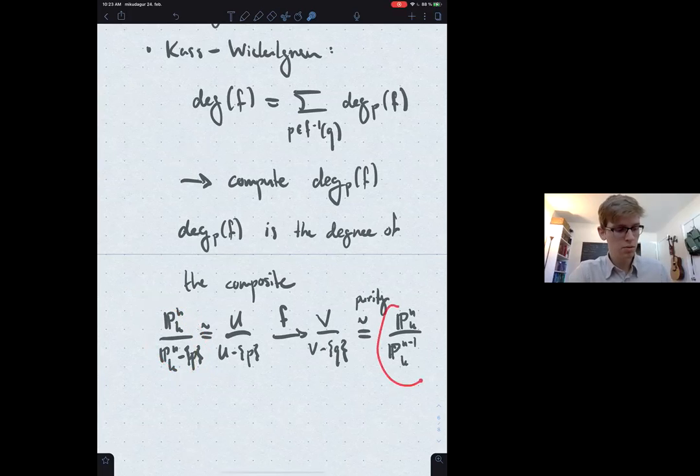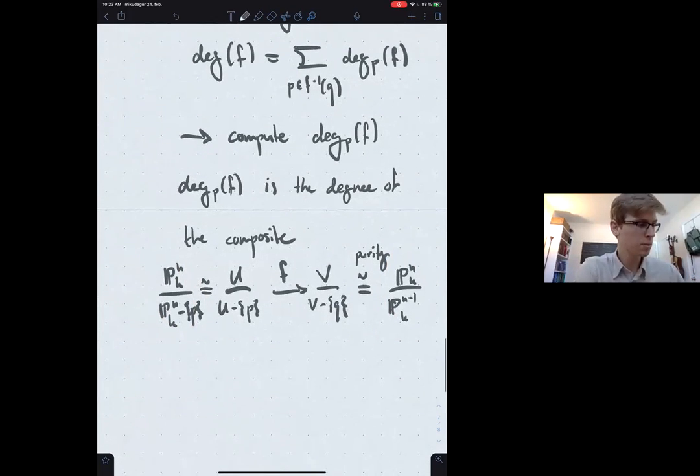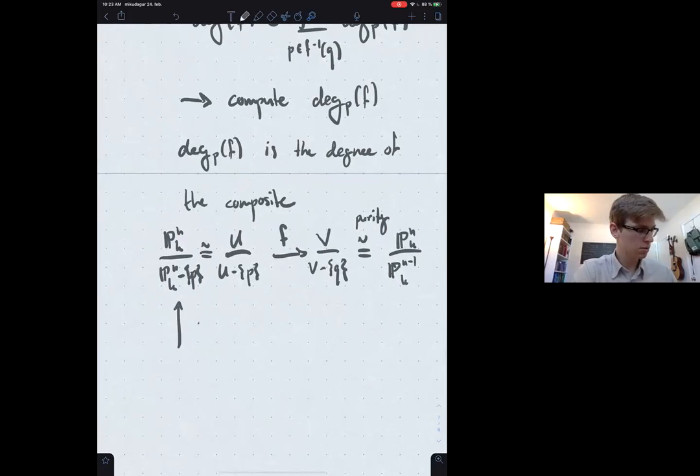And so we have to deal with this somehow. We want to be writing down an endomorphism of Pn over Pn minus 1. And so the solution is you start with the collapse map. So you basically collapse this Pn minus a point down to a Pn minus 1.